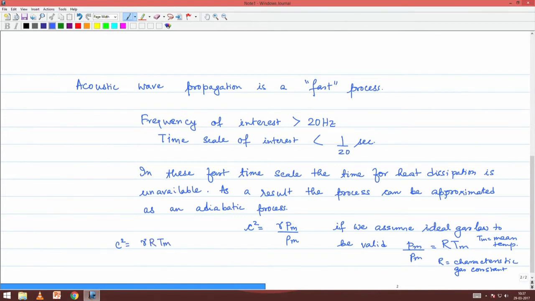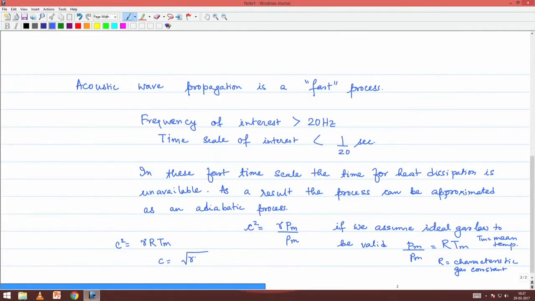Remember, gamma is a property of the medium, so is R. So, in short, this quantity C square, rather the C quantity as I said earlier, is going to turn out to be the wave speed. So, it turns out that the wave speed C would in turn depend on the square root of the temperature. This is a very important result, and with this we can say how the sound speed changes with fluctuating mean or ambient temperature.